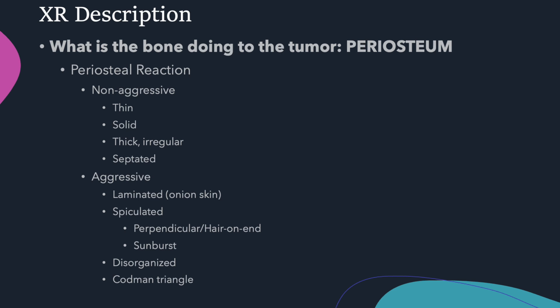Fourth question will be what is the bone doing to the tumor? Our cue for this is the host bone response, and you should look at the periosteum. This will be answered by the following. It shall be non-aggressive if the periosteum looks thin or thick, solid, septated, or irregular.